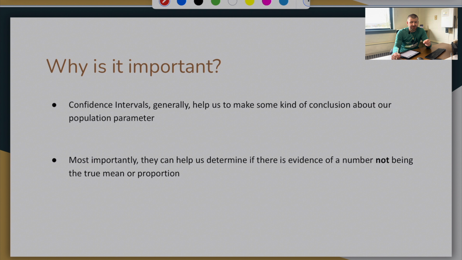But if the number that you care about is outside of the interval, you definitely have evidence that it is not that number. So that is very, very important: confidence intervals help us to exclude numbers. They will never give you evidence that it is a number, but they can always give you evidence that it's not a specific number.